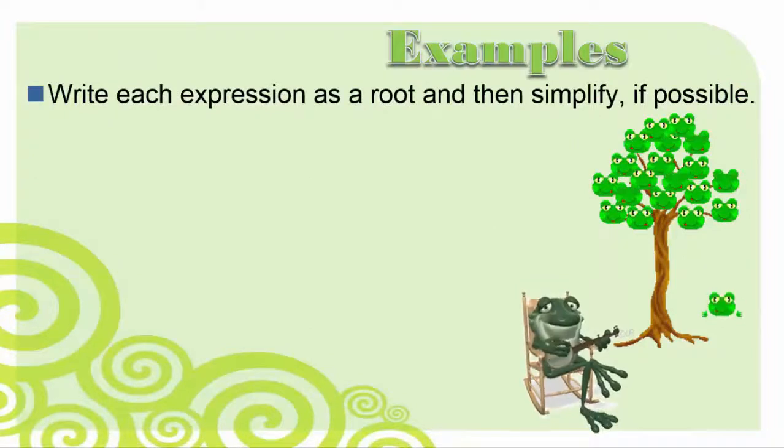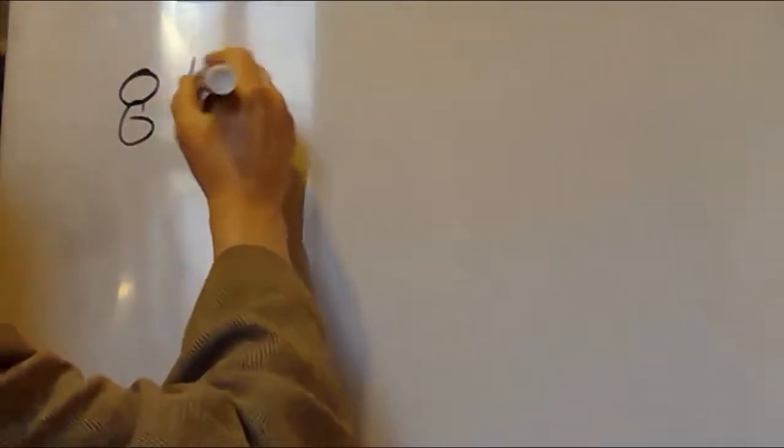Write each expression as a root and then simplify if possible. We will do that for example number 1, 8 to the 1/3 power. Let us look at the whiteboard and see how to do something like this. Here we have 8 to the 1/3.